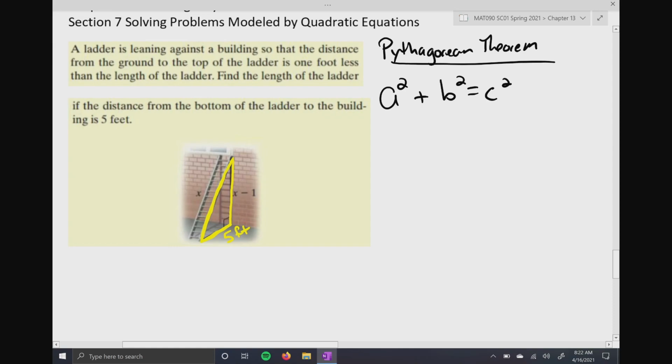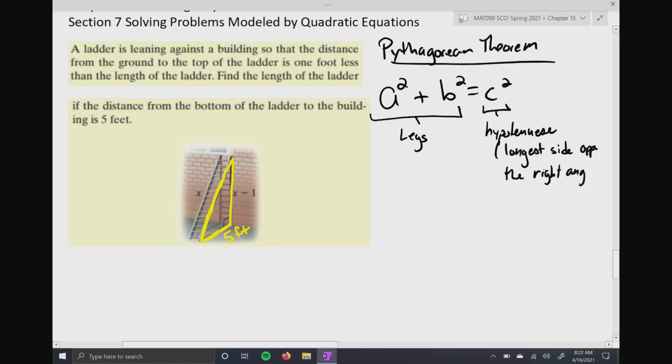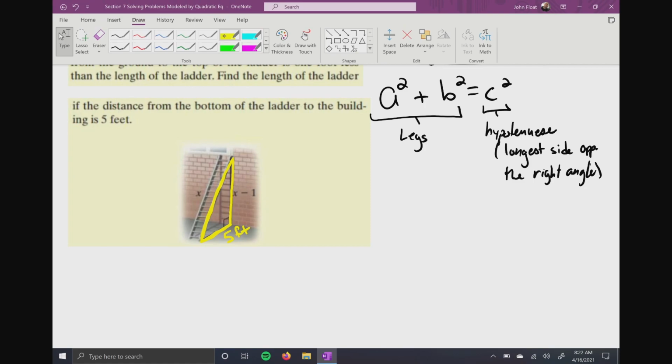And what it does is it relates the legs to the hypotenuse of a right triangle. Now, the hypotenuse is always the longest side opposite of the right angle. Okay? So, if I'm looking at my right triangle here, oops, wrong color.